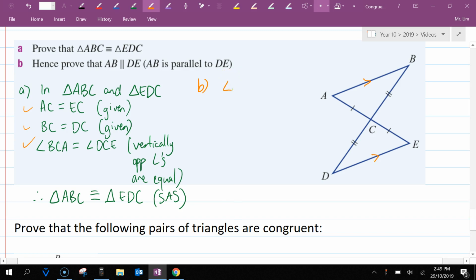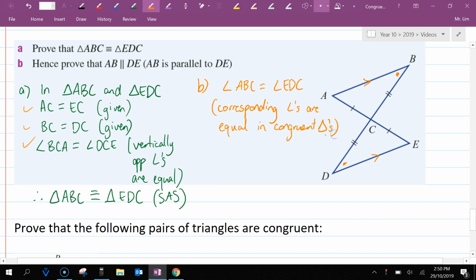we can say that these 2 are equal to each other because they correspond to each other. So angle ABC is equal to angle EDC, and that's because corresponding angles are equal in congruent triangles.